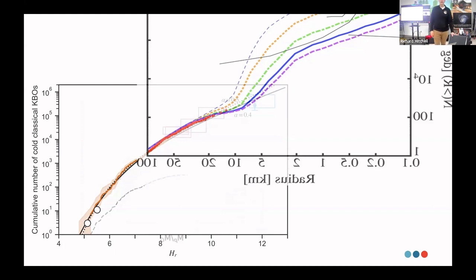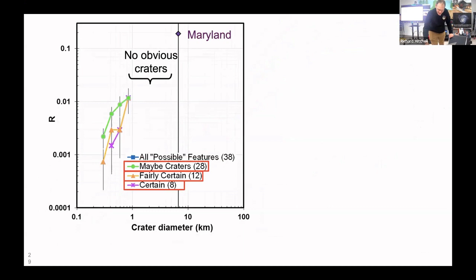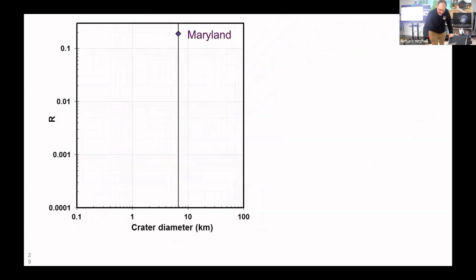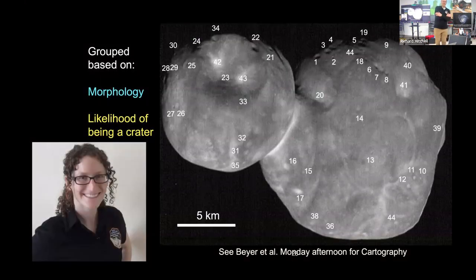I would agree that the smaller things were just not tough enough to make it. There are referees who came back to us and said, if I go back to the surface of Arrokoth, maybe the surface is kind of spongy, and so the small things hit and they didn't make a crater. They just kind of went bloop on the surface.